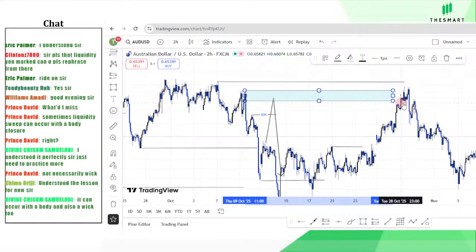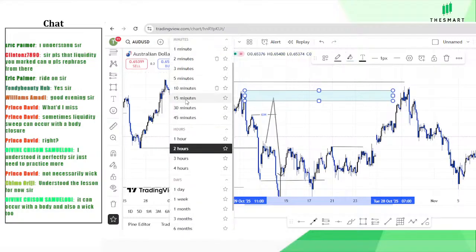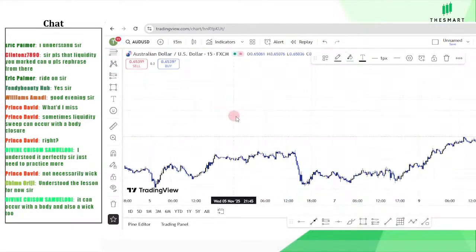So this is it. Let's see if, after having this sweep, we go down to the 15 minutes, whether we'll have something to actually work with. Let me get to see.